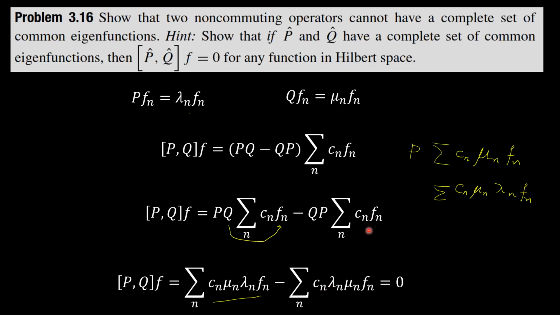Then Q will act, for which you will get mu n. So the second term is the summation over c n lambda n mu n f n. If you see, the values of the first and second are equal, but there is a negative sign, so they will cancel.